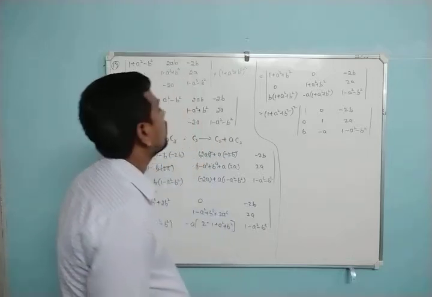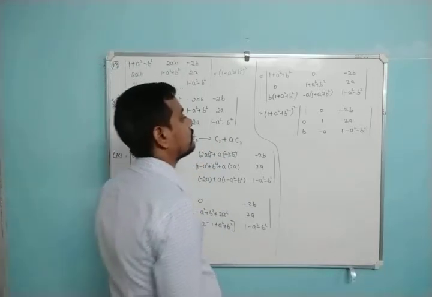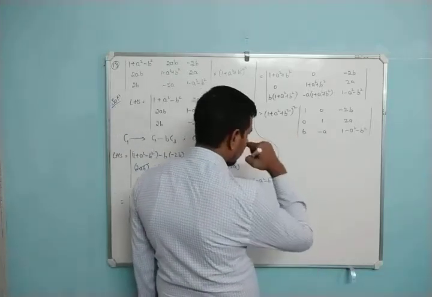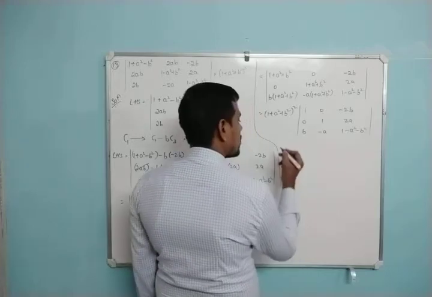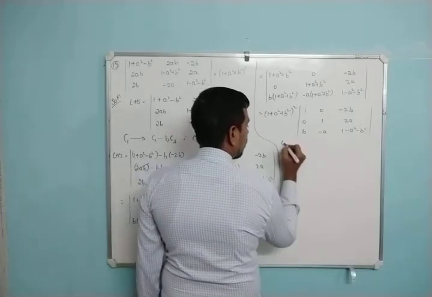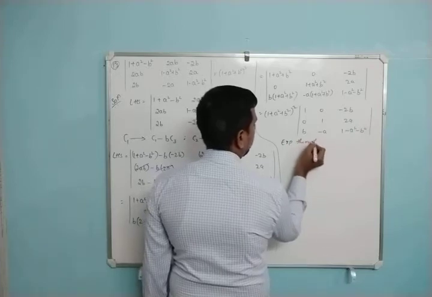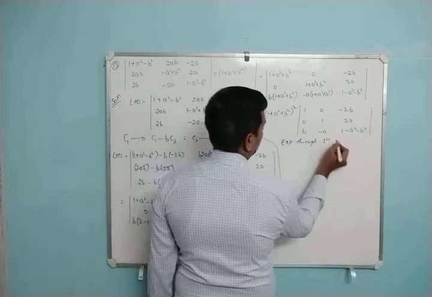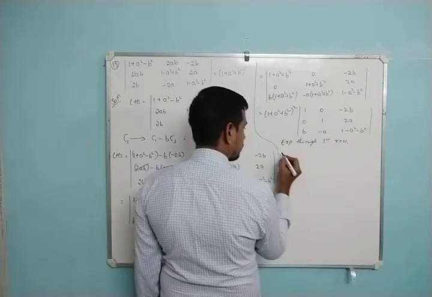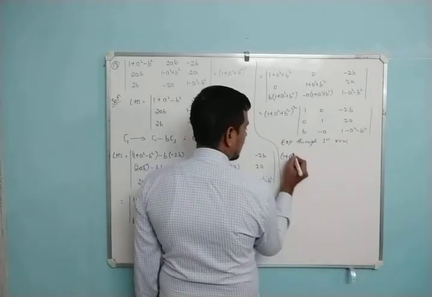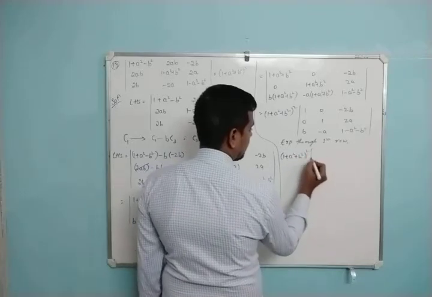What we need here? 1 plus a square plus b square. Okay, so there is no option that you can cancel out, right? So expanding through first row, what am I going to get? 1 plus a square plus b square as whole square as it is.